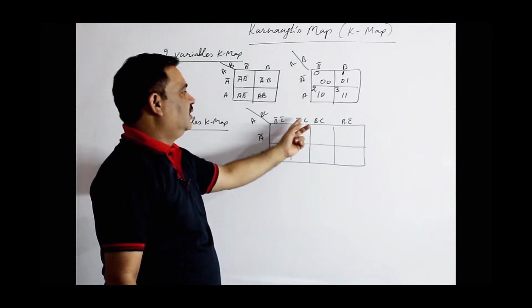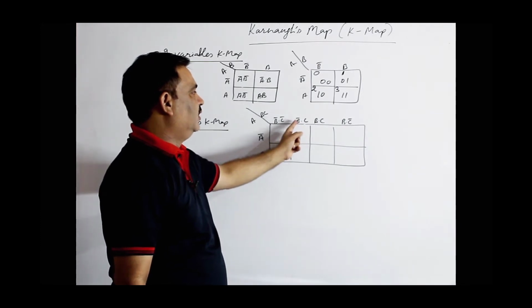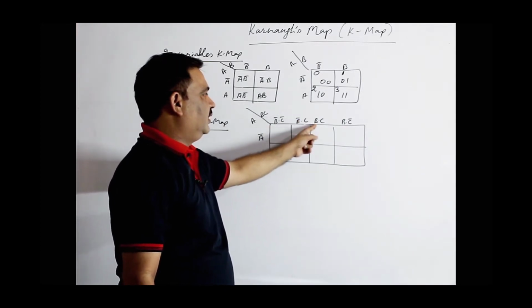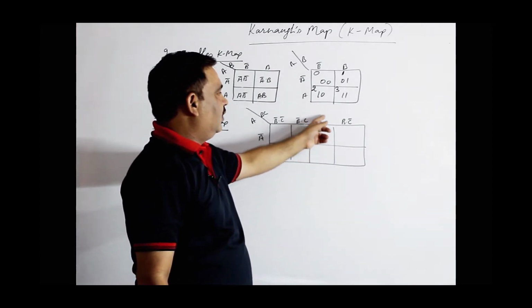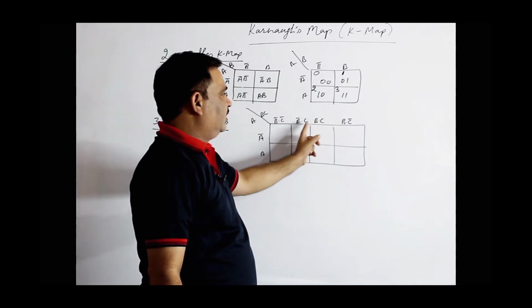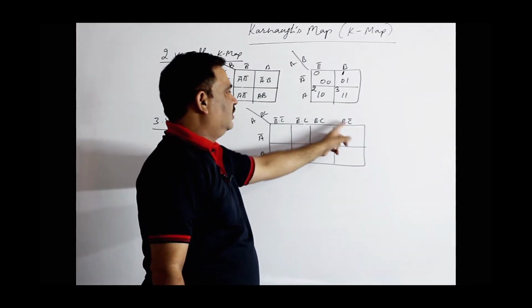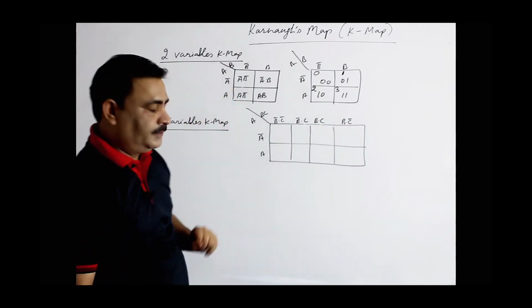This time you can't change C because already you have changed. This time you have to change B only. So, B complement changes to B, and you have to revert that term. So, B dot C. Now, again from this term to next term, B already just changed. Now, you can change C. C changes to C complement, B is here. So, this is B dot C complement.